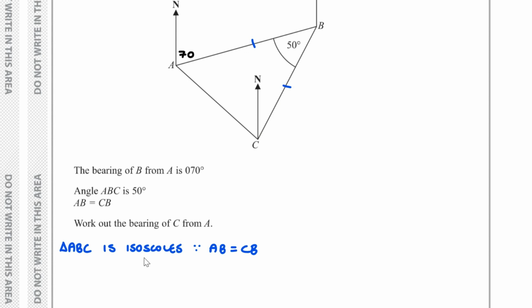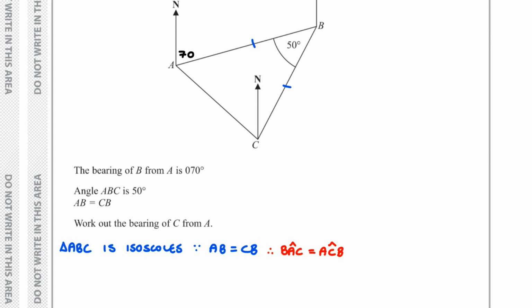So because of that, the base angles on an isosceles triangle are equal, which means this angle is equal to this angle. So therefore, we can conclude that the angle BAC equals ACB.